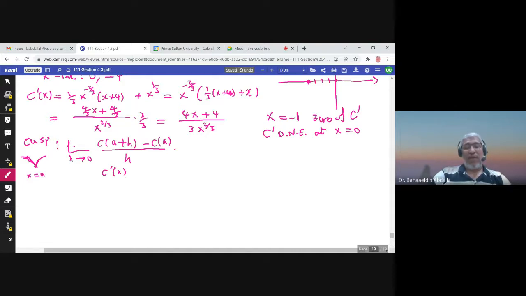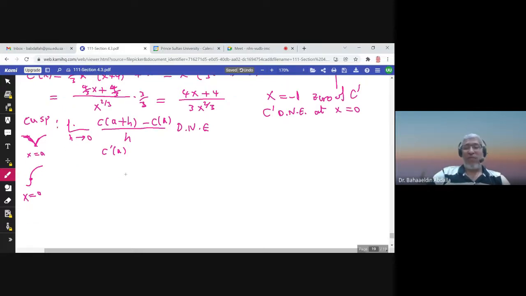If c prime at a does not exist, then we will have a cusp at x equals a. For a vertical tangent line, the graph would go like this. At x equals a, we have a vertical tangent line.